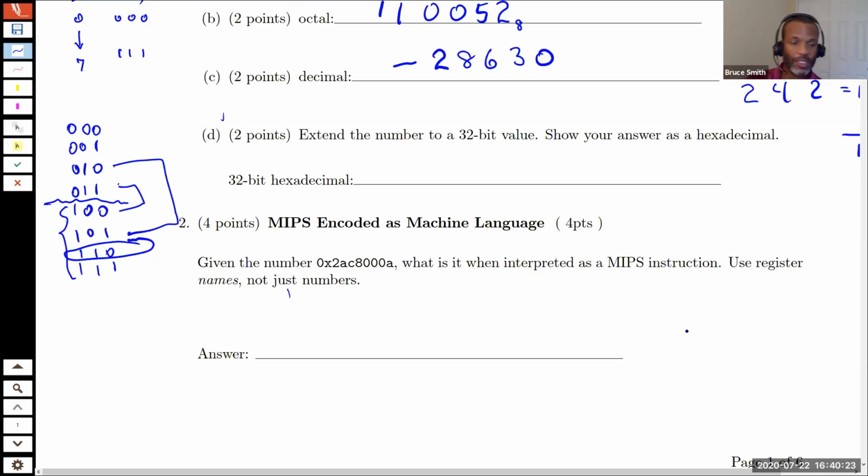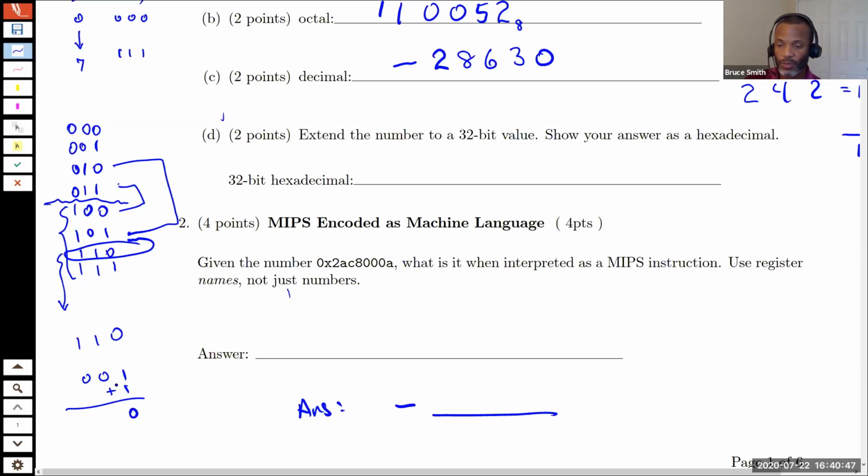So my tendency is to write down that it's negative so that I don't forget, because you may just end up writing the magnitude. So now that I know this is negative, I need to do the conversion. Here it was originally, flip the bits and add 1. 1 and a 1 is a 2. So the answer is a -2. So it's a multi-step process.